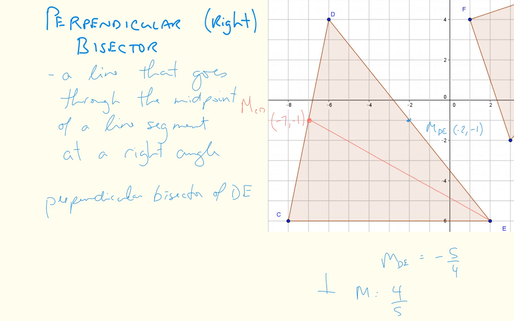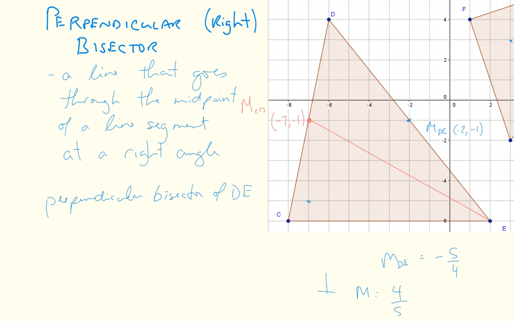So from this point, I can go up 1, 2, 3, 4, and 1, 2, 3, 4, 5. Just made it on there. And that looks like it's going to be right here. I could also go in the other direction, down 1, 2, 3, 4, and run 1, 2, 3, 4, 5 here at -7, -5.